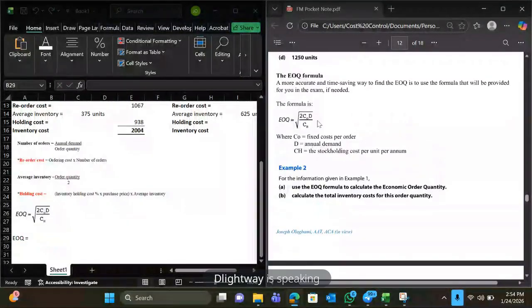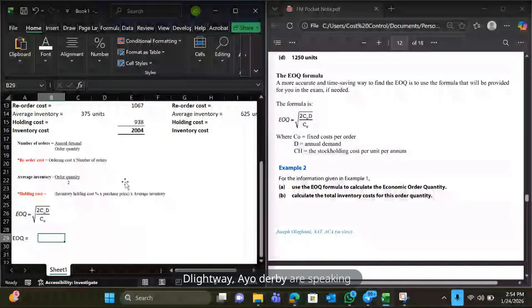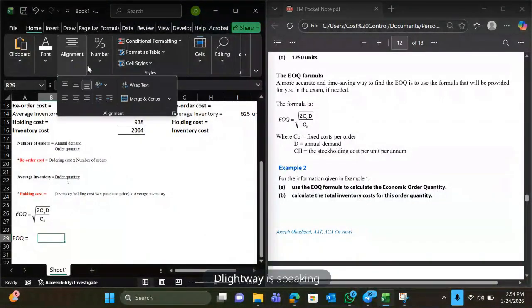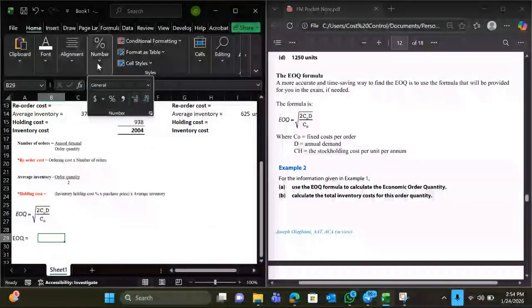I want to put the square root, but getting that square root symbol on the PC is a challenge. But first, let me write out what you are going to input in your calculator.